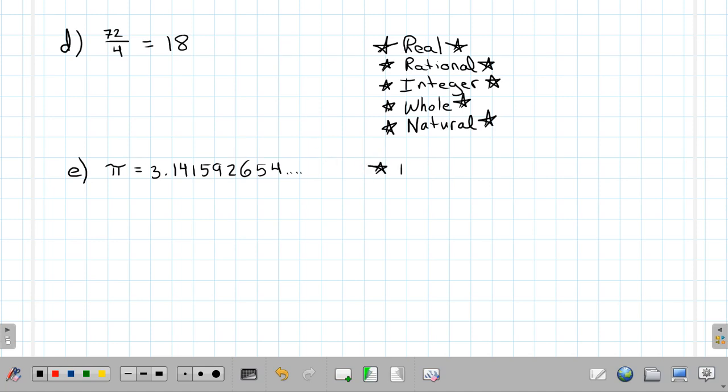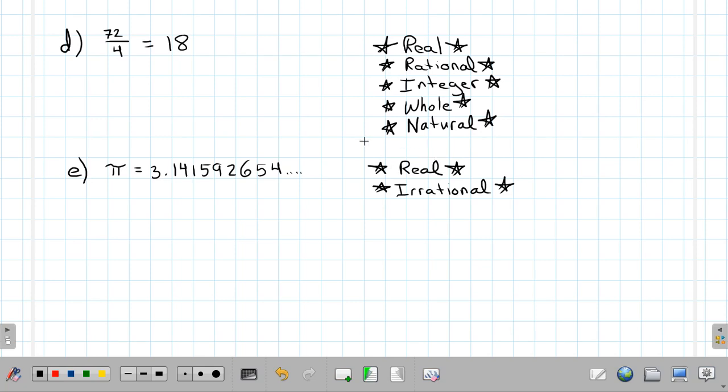So once again, this is real. So every number, once again, is real. But then, since it's a decimal that goes on forever and doesn't repeat, this is also irrational. And once again, after we say it's irrational, we don't need to check that it's an integer or a whole number or a natural number because it's not going to be those. The only way it can be an integer, whole number, or natural number is if it is also rational.